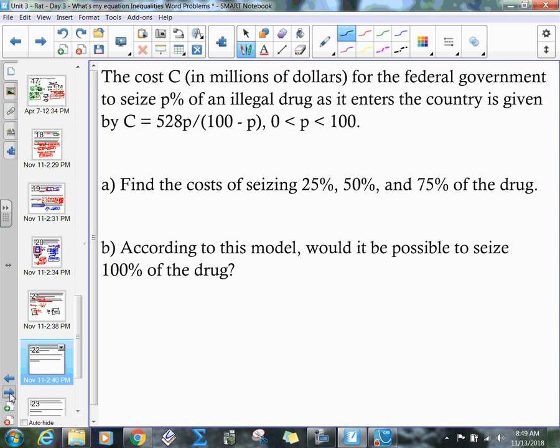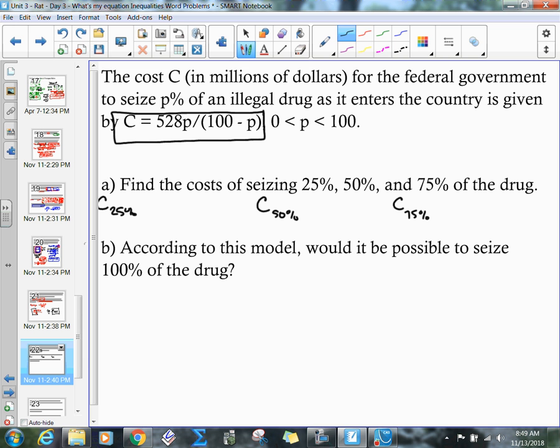The cost in millions of dollars for the federal government to seize P% of an illegal drug as it enters the country is given by this equation. So the cost is a function of the percentage of drugs that are seized. I'm supposed to find the cost at 25%, the cost at 50%, and the cost at 75%.